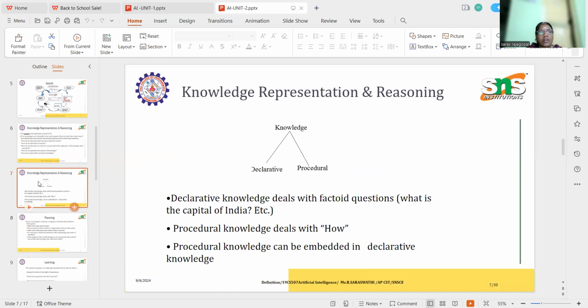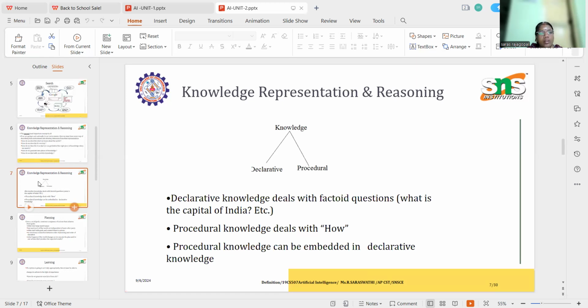Next one is knowledge representation and reasoning. This can be written as KRR. The knowledge can be declarative and procedural knowledge. Declarative knowledge deals with factual questions, that is, what is the capital of India? Those are only direct questions. Procedural knowledge deals with how to deal with the knowledge.